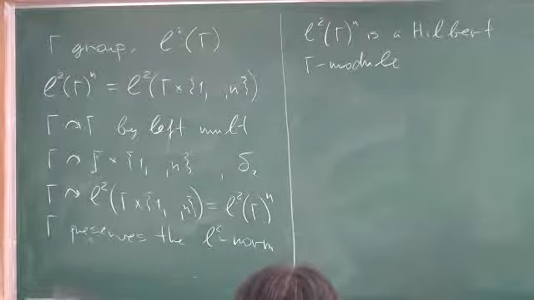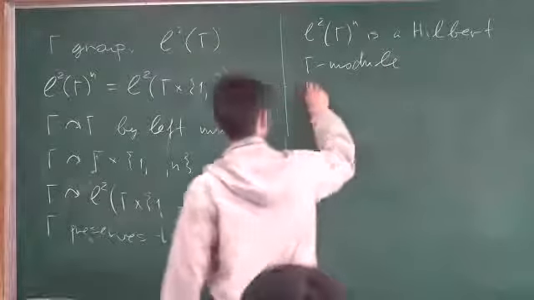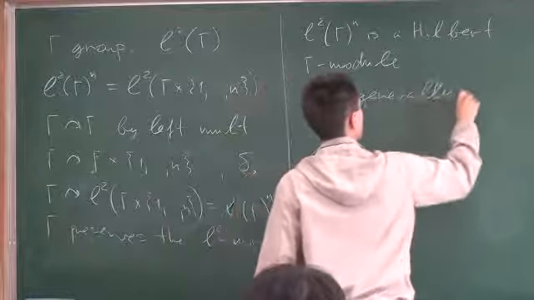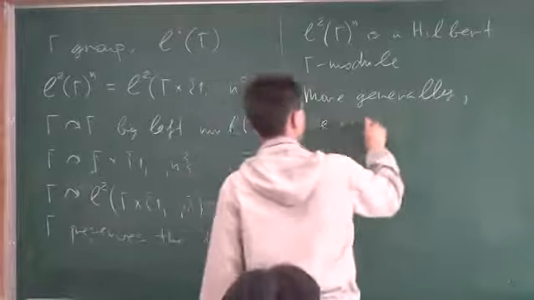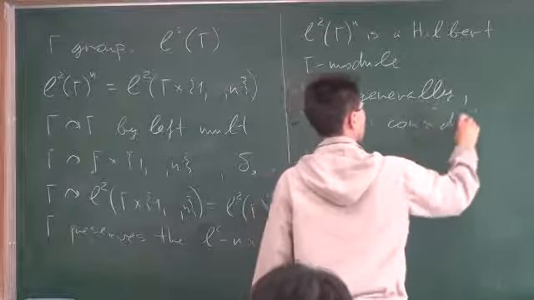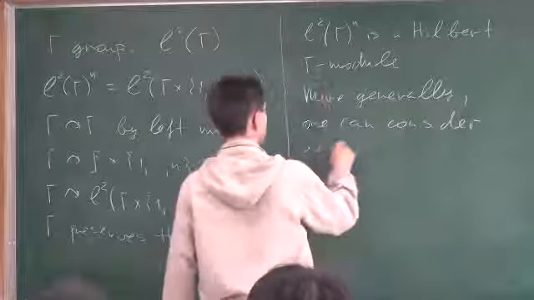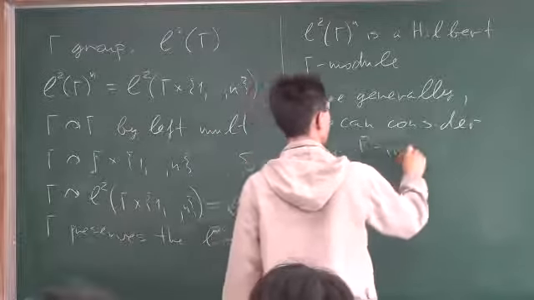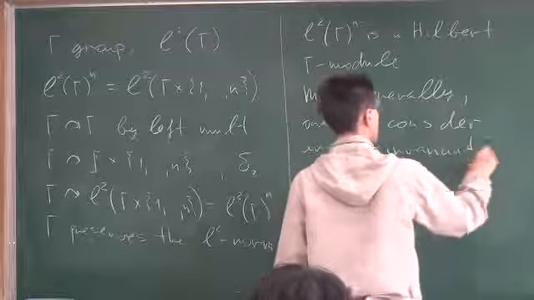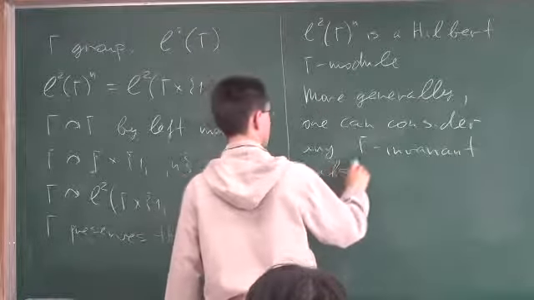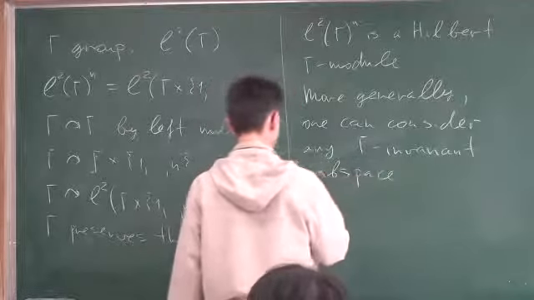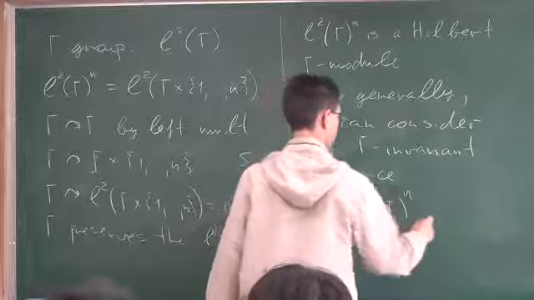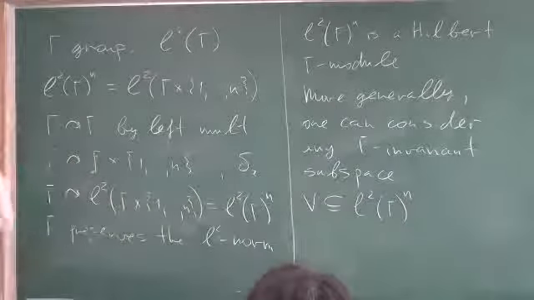A more general definition would be, more generally, one can consider any gamma invariant subspace. Let's call it V in L2 gamma n. Assume that it's gamma invariant.